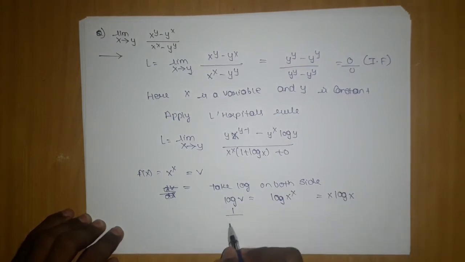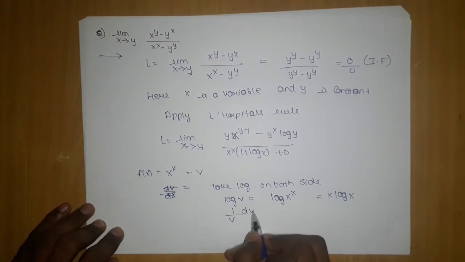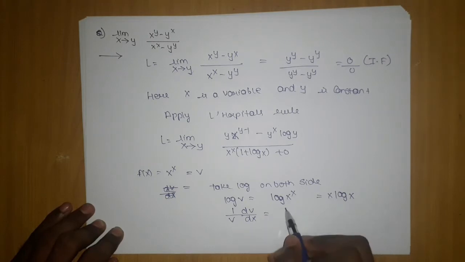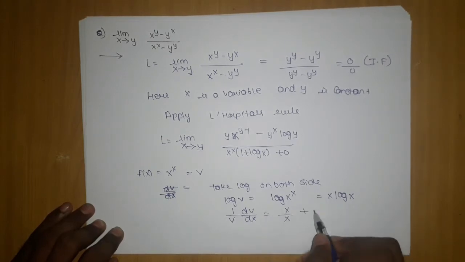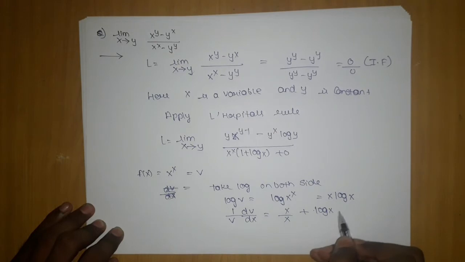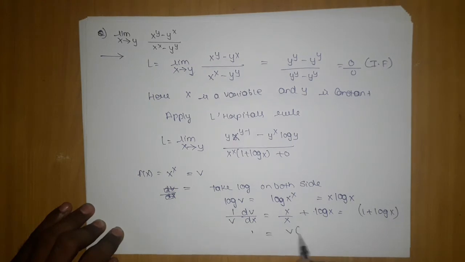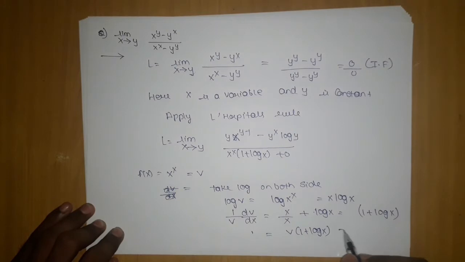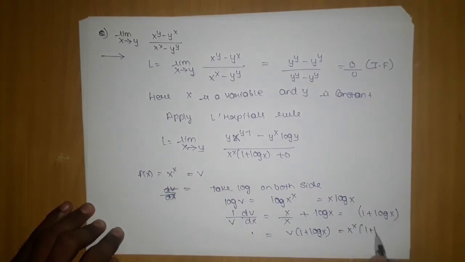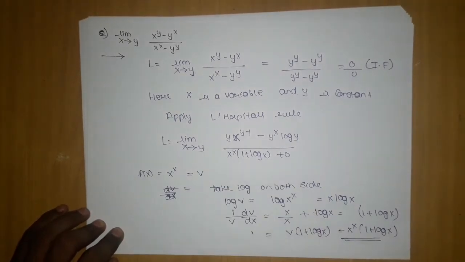If I differentiate, dv by dx upon v equals x upon x plus log x, which you can clearly see is 1 plus log x. I want dv by dx, so I will shift the v here, so it will be v into 1 plus log x. But my v was x power x, so x power x into 1 plus log x is the differential of this thing, which you need to memorize, and that I have substituted here.